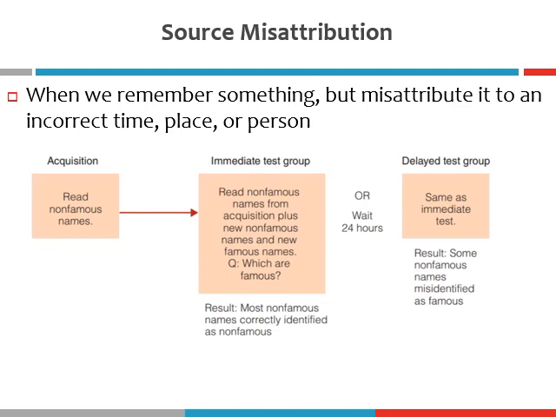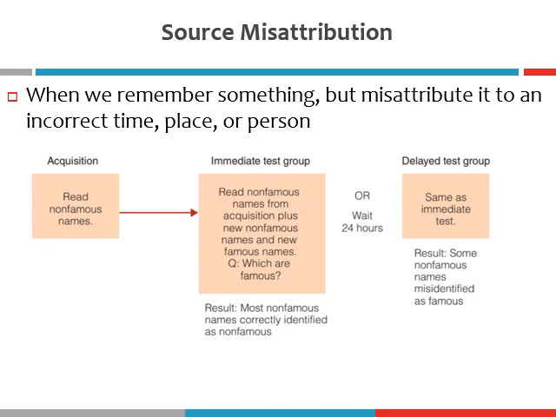That's because it's been 24 hours, and as we know, information becomes less accessible with time due to transience, particularly if we're not actively engaging with that information, right? So their memory for that acquisition phase was reduced or decreased due to that 24-hour retention interval, right?